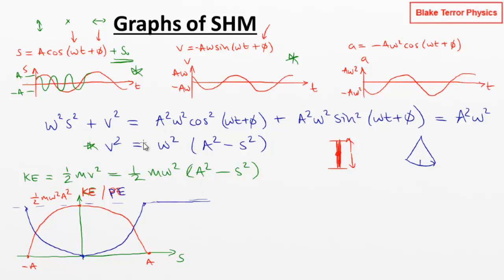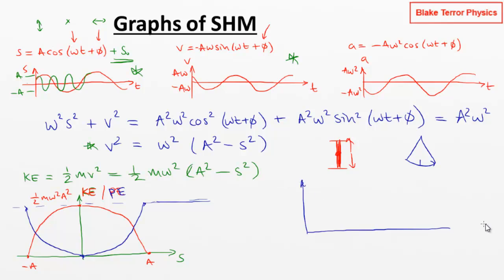We could also see that the kinetic energy, because it's proportional to v squared, is going to be proportional to sine squared. So if you were going to draw out the energy versus time rather than energy versus displacement, I shouldn't have drawn the negative part on that because we're still looking at energy, so there's no need to have negative.